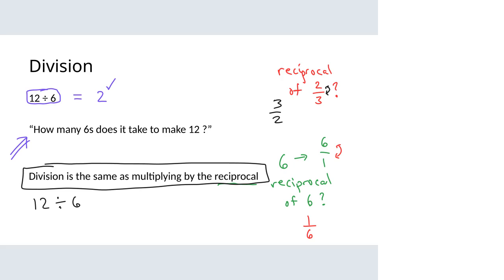So instead of 12 divided by 6, I can change this and make it 12 times the reciprocal of 6, which is 1/6. These two things are exactly the same as each other because division is the same as multiplying by the reciprocal. If we go ahead and do that multiplication, we can see what happens. 12 over 1.